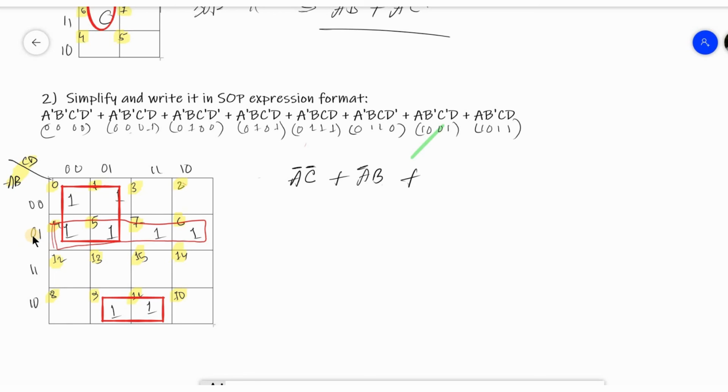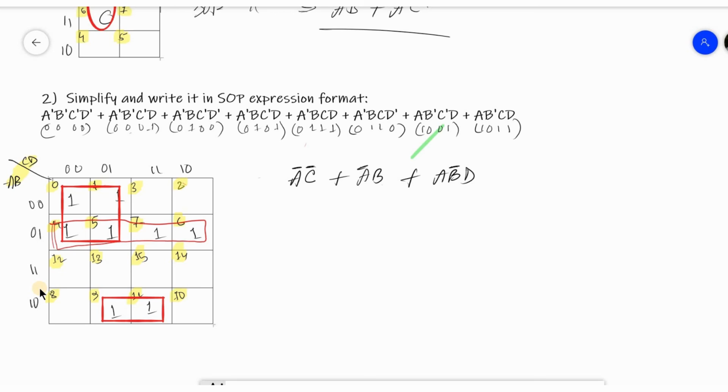Now we'll move on to the remaining one, the group formed by the ones in the 9th and 11th box. Here A and B are of course unchanged because there is no change of rows, and in this one we can see that D is unchanged with 1. So we can write A, B, D, and since B has 0, we'll include B not.